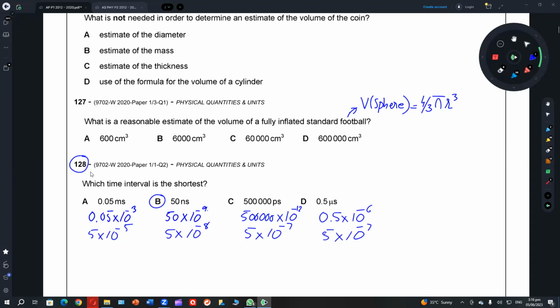100 centimeters looks fine because it is nearly 1 meter, but 1 meter may be a bit on the bigger side for a football. So 70 we can take. We have to take one of them.